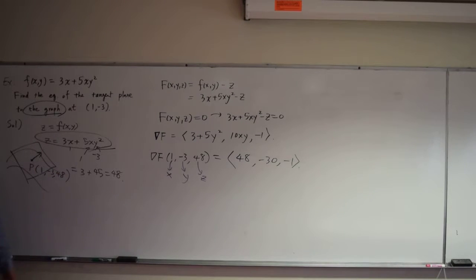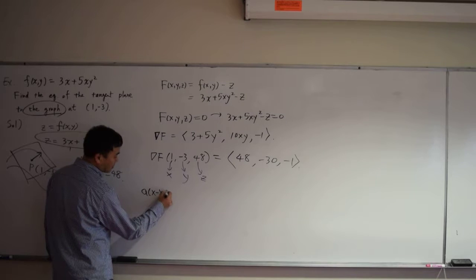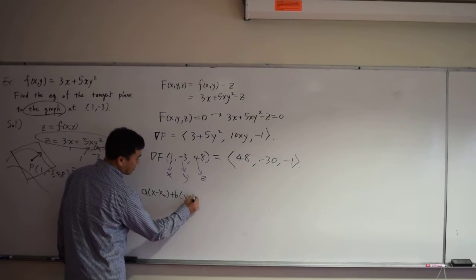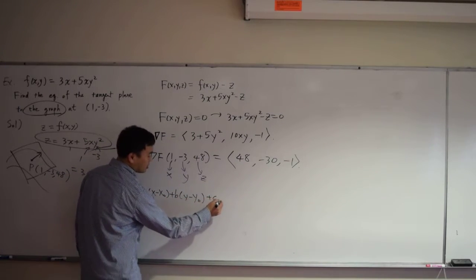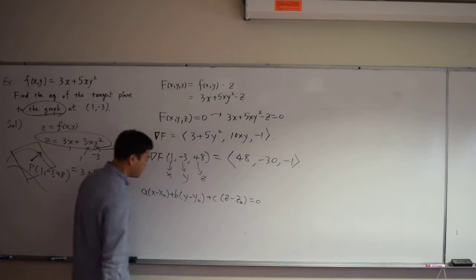And now we use the plane equation, which is a(x minus x naught) plus b(y minus y naught) plus c(z minus z naught) equal to 0.